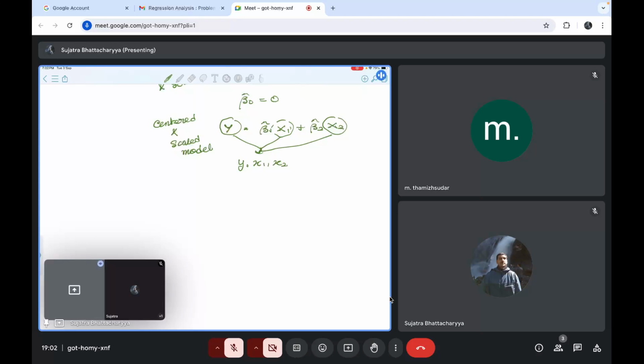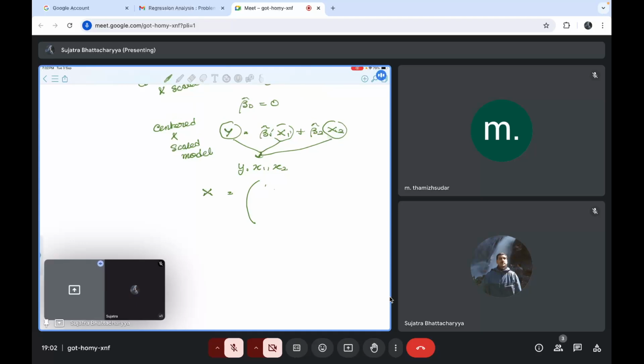Now look into this. If beta naught hat is zero, then in the X matrix, which we generally write with a column of ones, this column of ones is for beta naught hat. But in the centered and scaled case, beta naught hat is zero, so we will not write it, we will only write the x's.